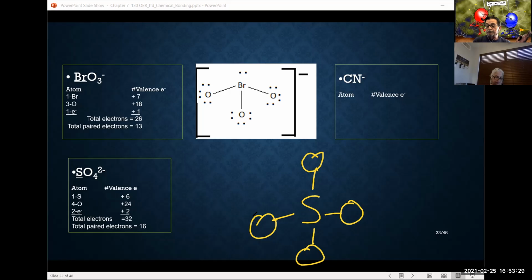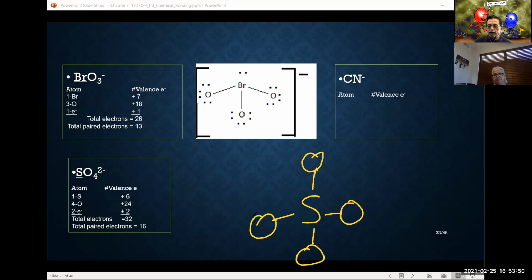I start out with 16 pair, 32 valence electrons, and I just took care of 4 pair. What do I got left? 12, right?